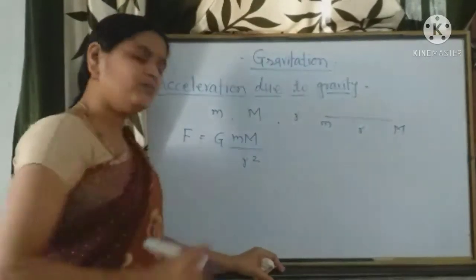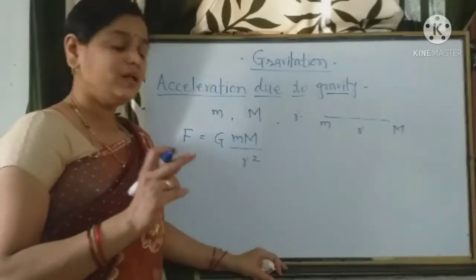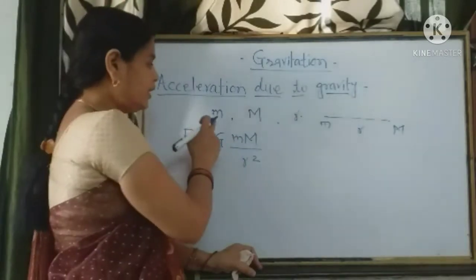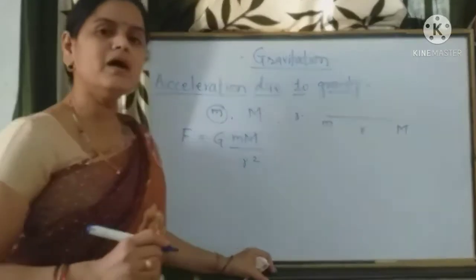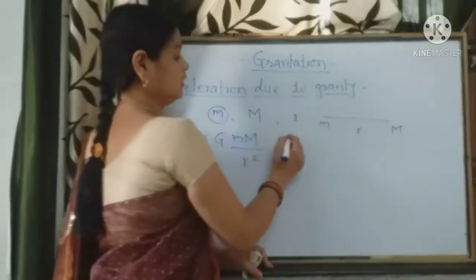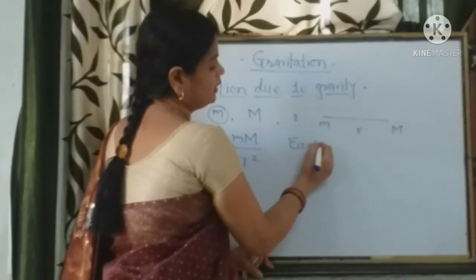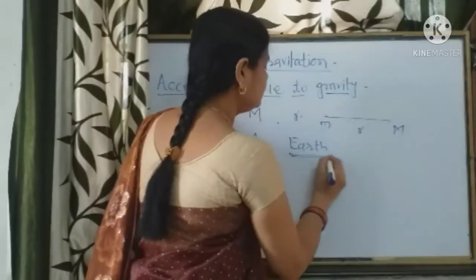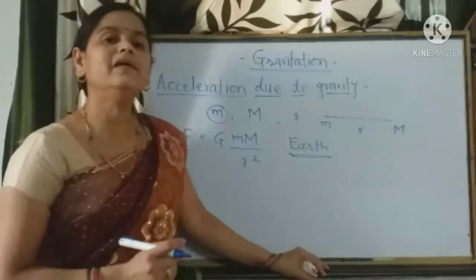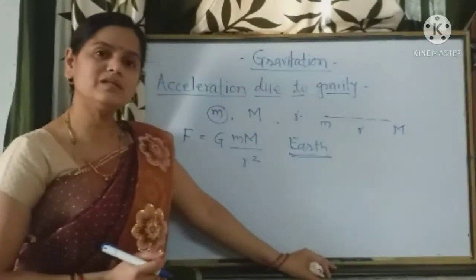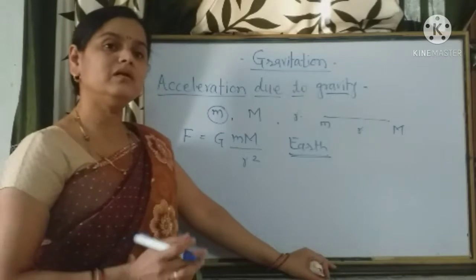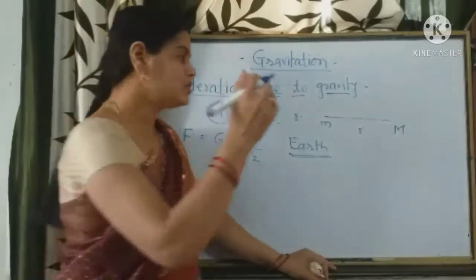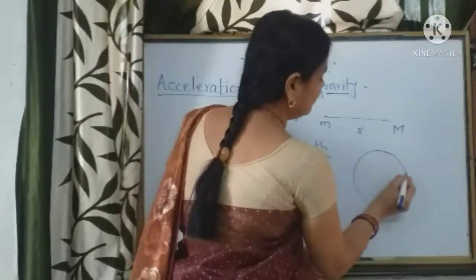Now from this formula we can find out the gravitational force exerted on a point mass of mass m by the earth. So here we can consider earth as an extended body. Previously we have also discussed how to find out the gravitational force on a point mass which is lying outside an extended body.